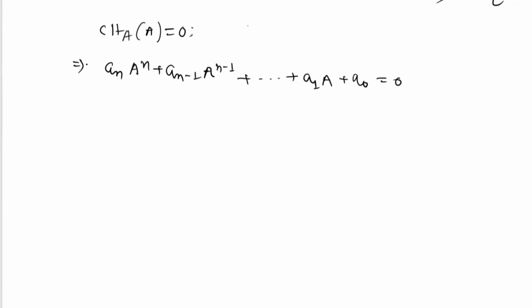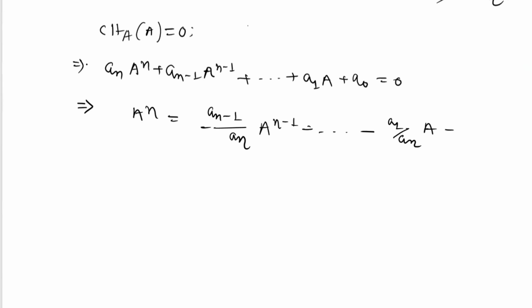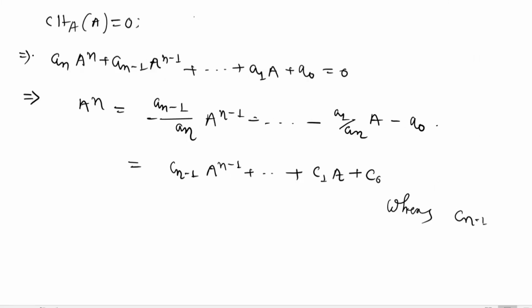Okay, the zero matrix. So this we can write as A to the power n equals minus a_(n-1) by a_n times A to the power n minus 1, minus ..., minus a_1 by a_n times A, minus a_0 by a_n times I. We can also write this as c_(n-1) A to the power n minus 1 plus ... plus c_1 A plus c_0 I, where c_(k-1) equals minus a_(k-1) by a_n.